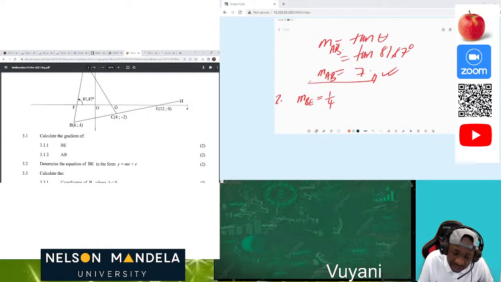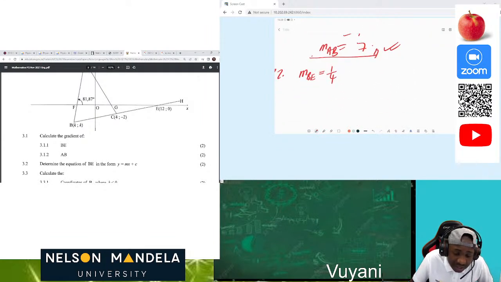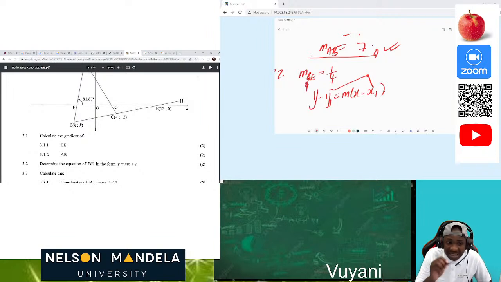Now we want to calculate the equation of this line. So when we are calculating the equation of this line, we always know that y minus y1 equal to m times x minus x1. So y1 and x1 is a point on the line BE. So we don't know the coordinates of B, but definitely we know the coordinates of E, which is (12, 0). So we'll substitute here.